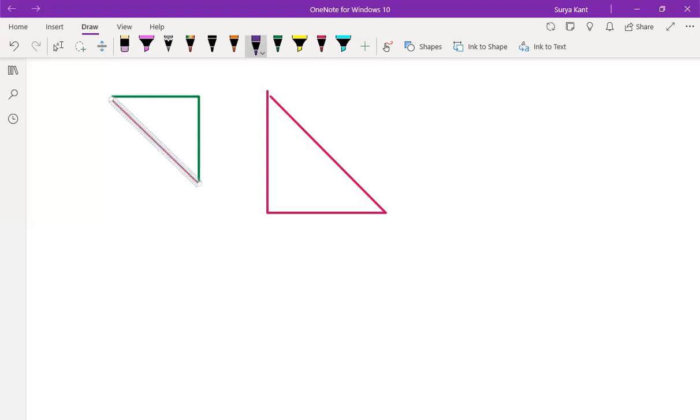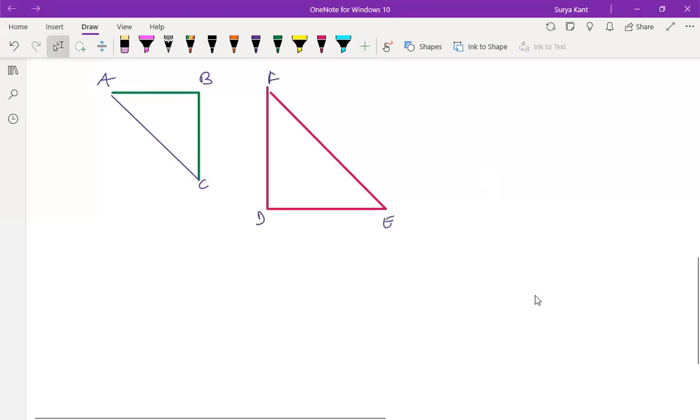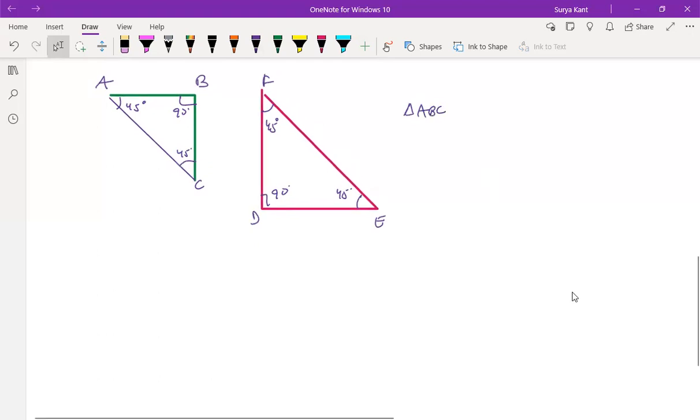So now I'm writing here A, B, C. If I write triangle ABC is similar to triangle DEF, is it correct or wrong? It's correct.